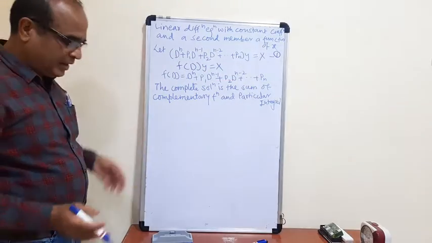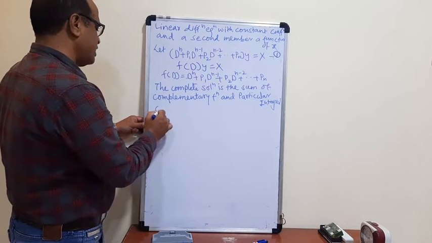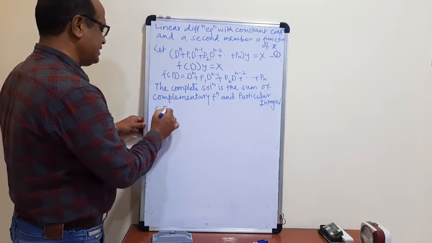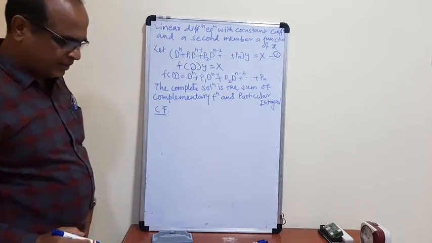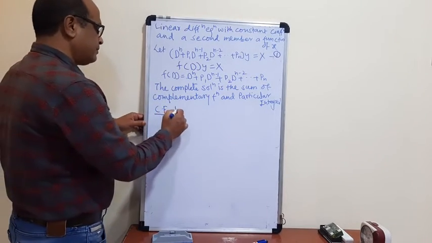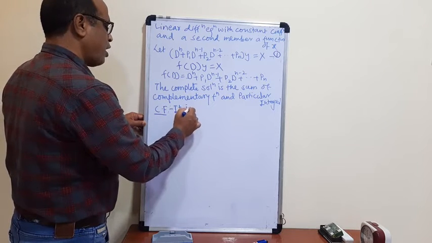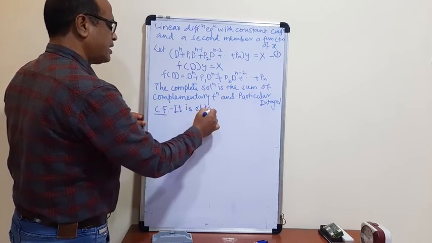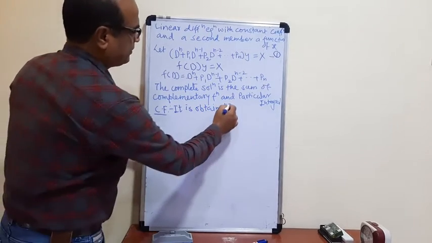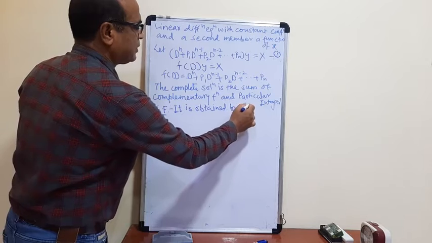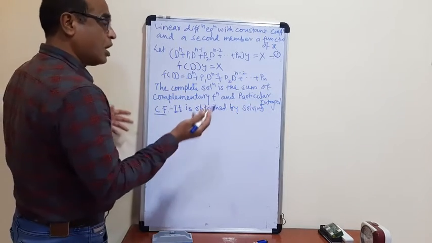So what is the complementary function? In short, we write C.F. It is obtained by solving the auxiliary equation.